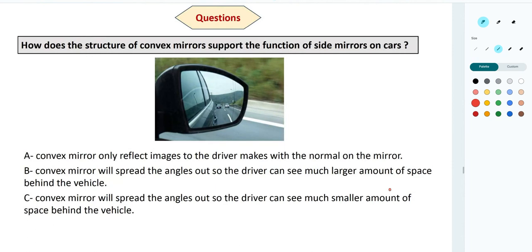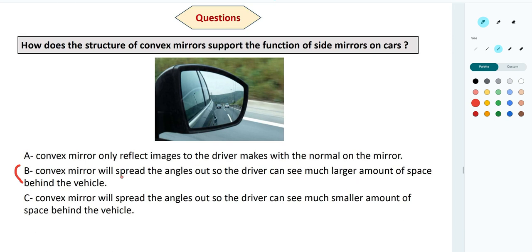How does the structure of convex mirrors support the function of side mirrors on a car? Is it A, convex mirrors only reflect images to the driver, makes with the normal on the mirror? That is not true. Convex mirrors will spread the angles out, so the driver can see a much larger amount of space.